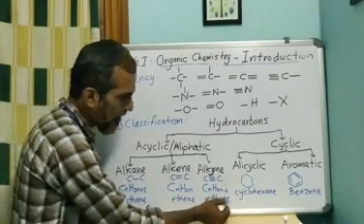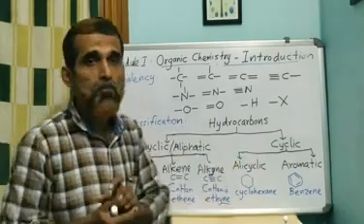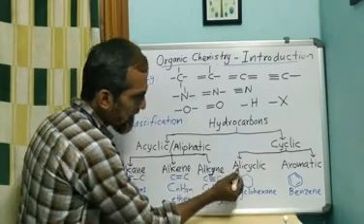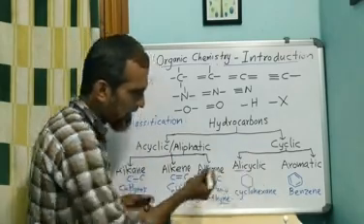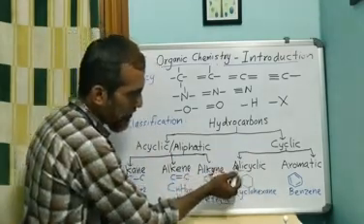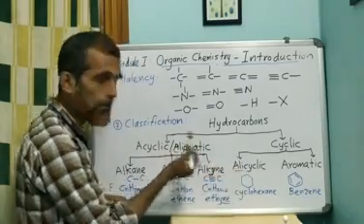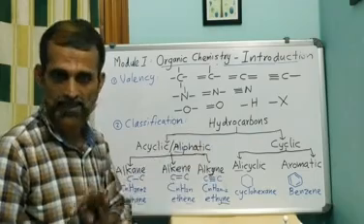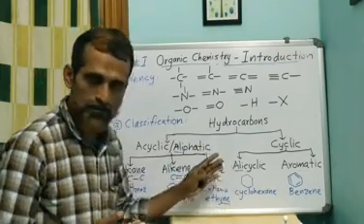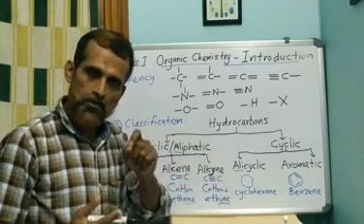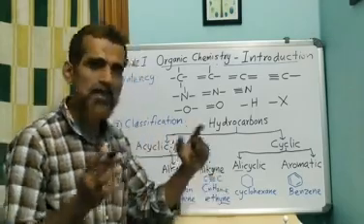Okay. On to the other side, in the cyclic compounds there are 2 categories. One is called alicyclic. This alicyclic is cyclic compound but similar to aliphatic in properties. That's why we call alicyclic. So that may include 3 types: cycloalkane, cycloalkene and cycloalkyne.